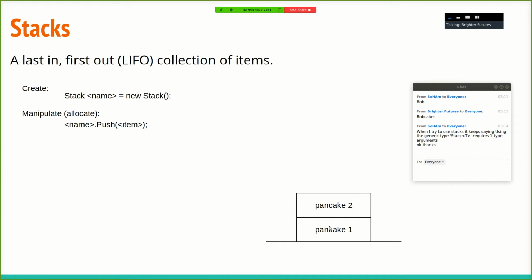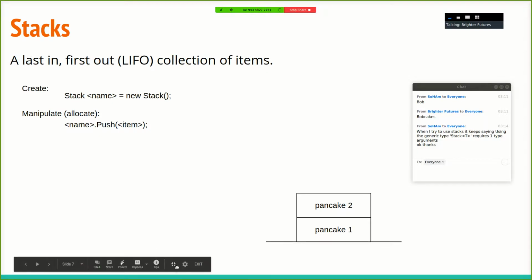And obviously, I could add another bobcake, and it will just go on top. Think about it like a stack. Picture it like this in your head: the next thing that I push onto the stack will be on top of the previous thing. So I couldn't get to the bottom thing, is the main thing that you must understand. The last thing I put on is at the top, so I'd have to take that off first, right?